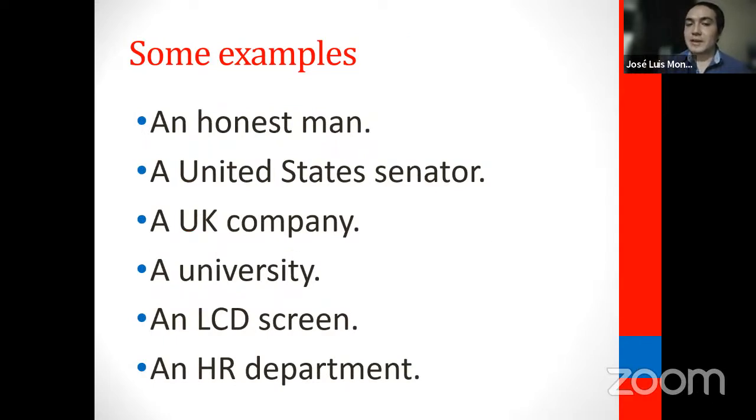Here we have some examples. Let's read these examples, please, plus the article that we have there. Okay. An honest man, a United States senator, a UK company, a university, an LCD screen, an HR department. Good, right? So here we see the opposite, right?